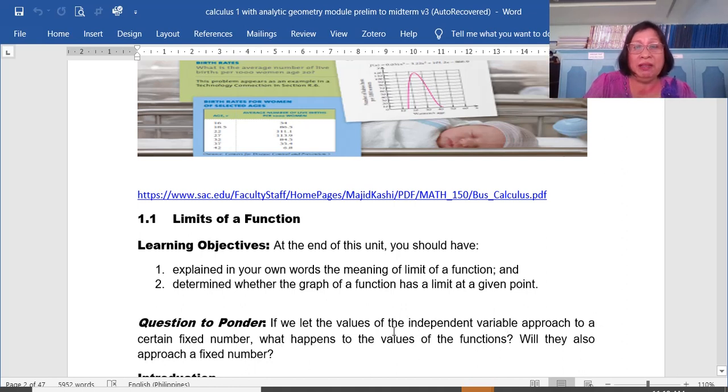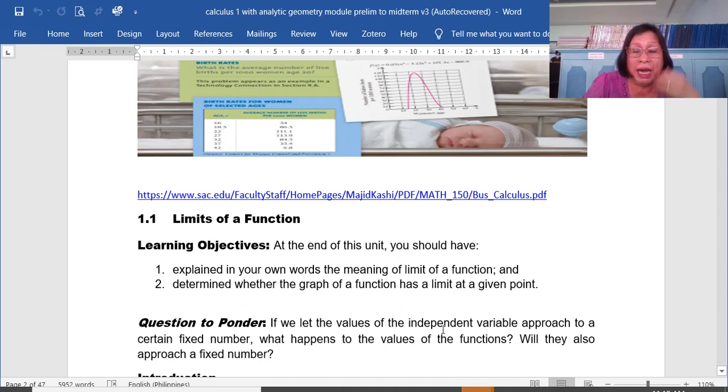So if we let the values of the independent variable approach a certain fixed number, let's say for example, the amount of money that you're going to pay for the gasoline depends upon the distance covered.